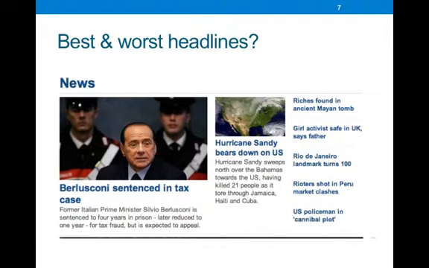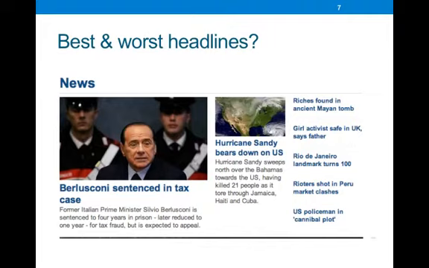I would say probably "Berlusconi sentenced in tax case" is the most straightforward and to the point, although you could easily make an argument for the Hurricane Sandy headline, the riches headline, or the rioters headline. Maybe the Rio de Janeiro headline might be better if you said specifically what landmark it was, but that might make the headline too long, because short is also good with headlines.